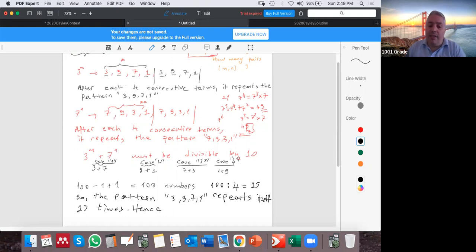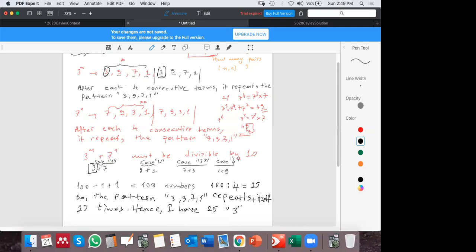Hence, for that reason, how many number 3s do I have in this pattern? In the first one, this is the first 3. In the second, in the third, in the fourth, so in the 25th, I will have 25 number 3s.